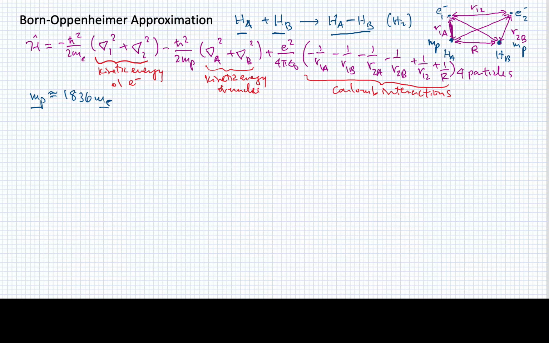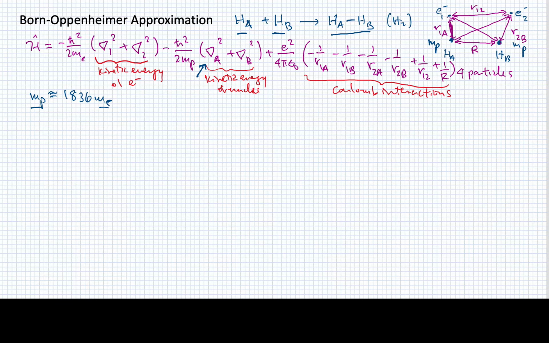What this means in a practical sense is that the electron is going to move much, much faster than the proton will. So in fact, we can think of the protons as moving so slowly that the electrons are responding virtually instantaneously to their position. What this means in practice is that we can almost ignore the motion that's due to these protons and simply focus on the rest of this as an electronic Hamiltonian.